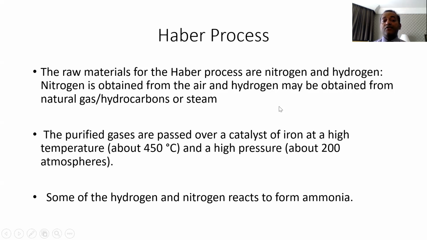On the other hand, hydrogen can be obtained from the cracking of natural gas or hydrocarbons, or even by the steam process. Once we have this nitrogen and hydrogen, they are passed over a catalyst of iron at a high temperature, about 450 Celsius, and a high pressure, about 200 atmospheres.